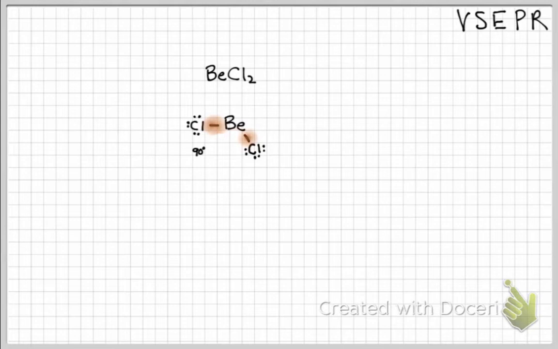And move it, say, 120 degrees. But since there's only 2, that's not the furthest way I can get it. I can actually get these bonds, or electron pairs, to be 180 degrees apart. And that's the furthest away they can get from each other. And so in fact, that is the predicted structure for beryllium chloride.